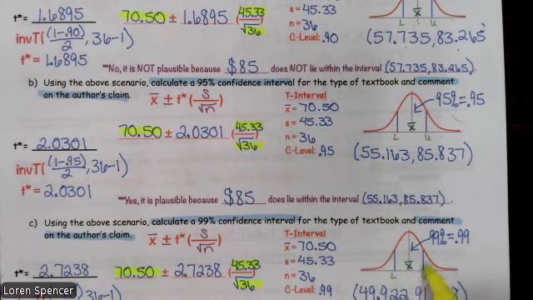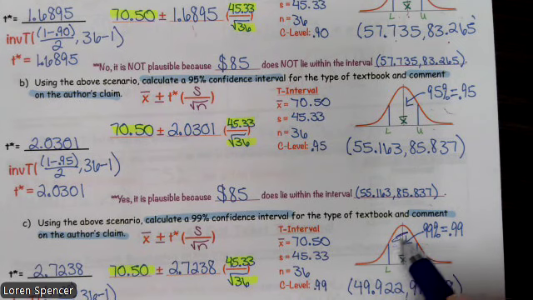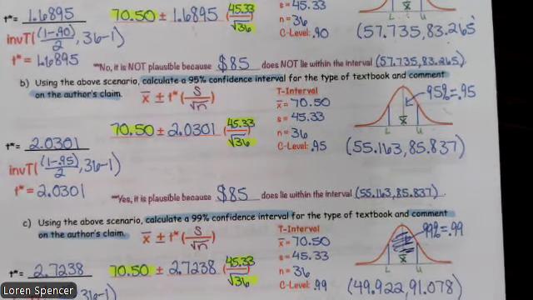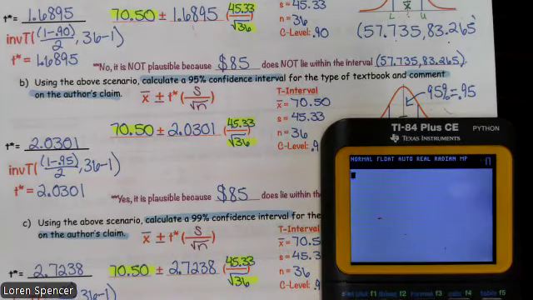We're still going to be centered on the 70.5, and we're looking for an area between these two bars of about 99%.